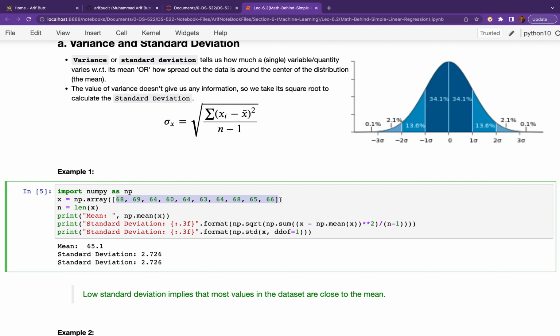Note that the mean is 65.1 and the spread of the data is from roughly 60 to, I think, 69. So low standard deviation implies that most values in the dataset are close to the mean.